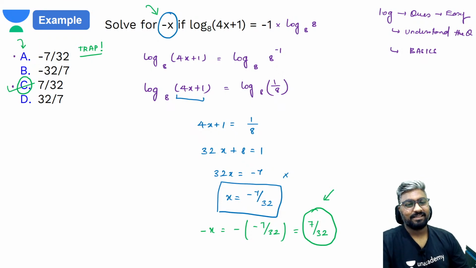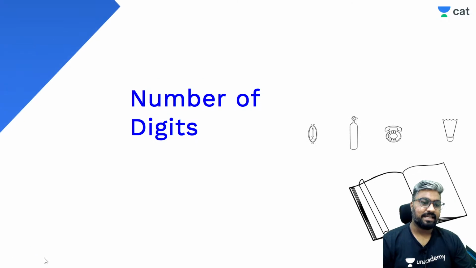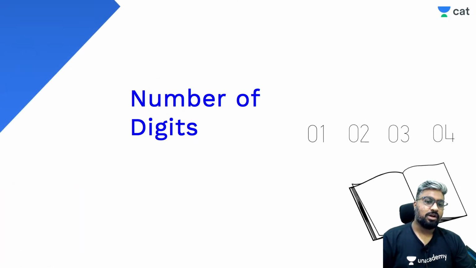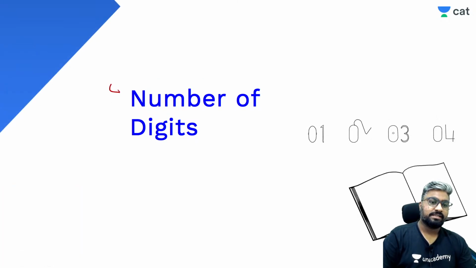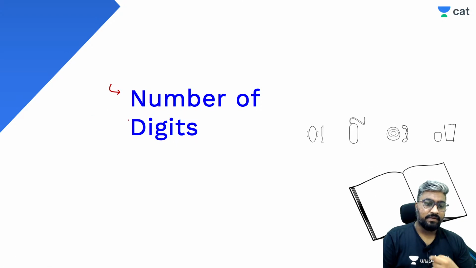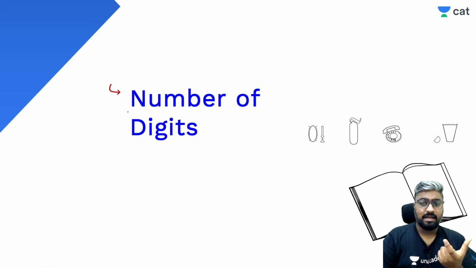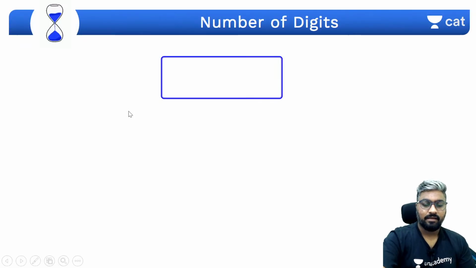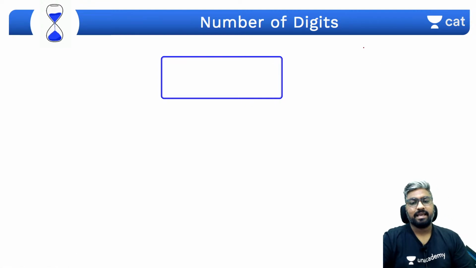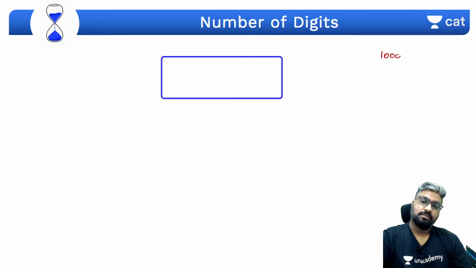ऑलराइट, चलो next question, next set. Now what we are talking about is number of digits. Yes, number of digits किस में, in a particular value. So let's say if I have 1000, 1000 में कितने digits है, या फिर 10 to the power 3, चलो 10 to the power 3.